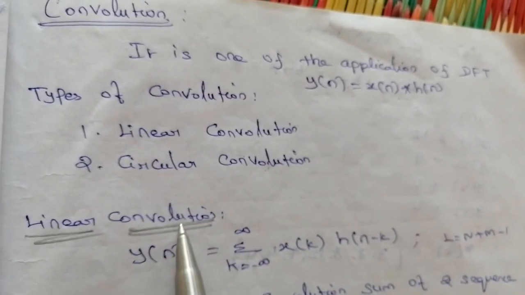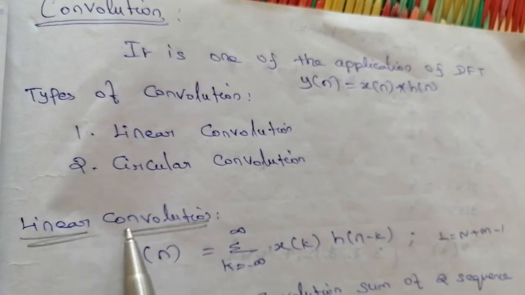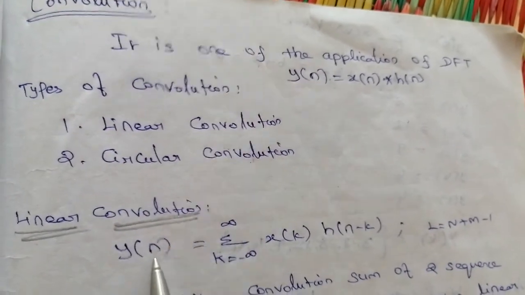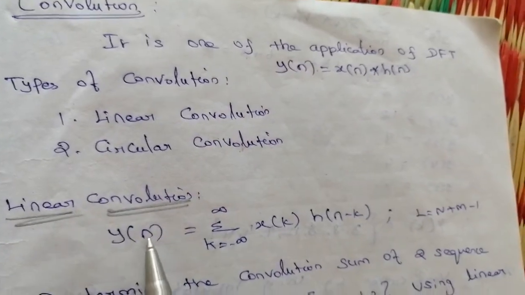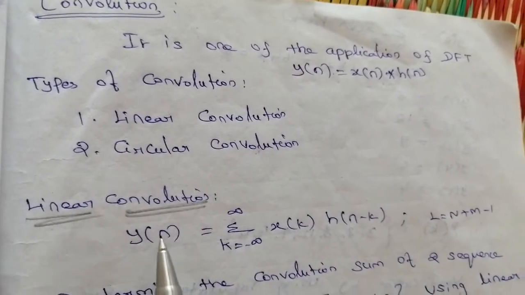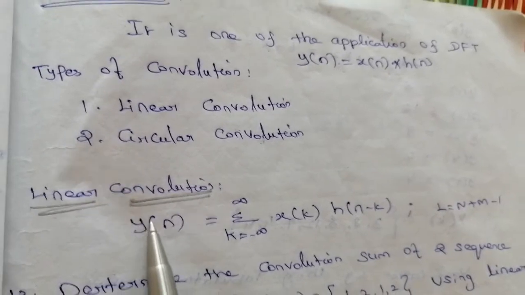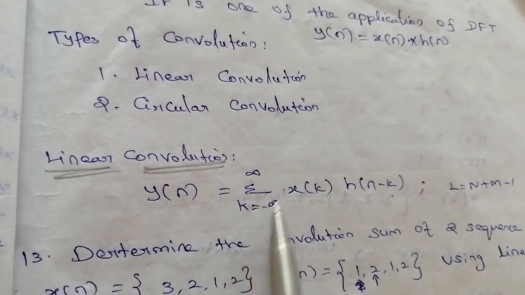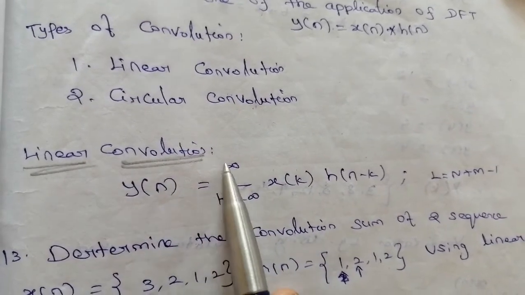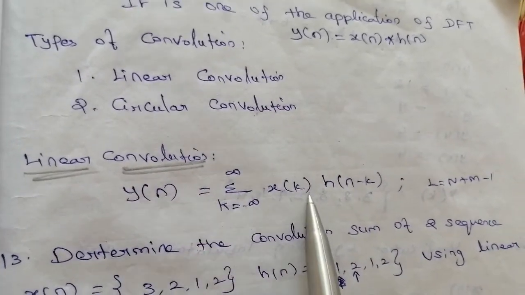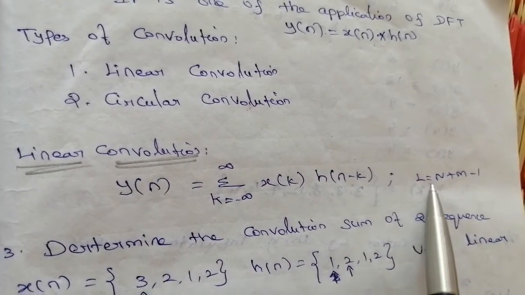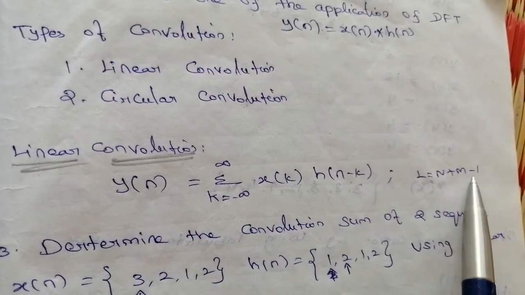Linear convolution is nothing but the multiplication of two sequences in the time domain. Whereas the multiplication of two sequences in the frequency domain is called circular convolution, right? This is the formula for linear convolution: y of n equals summation k equals minus infinity to infinity x of k h of n minus k, where capital L is the length of the sequence, which is n plus m minus 1.